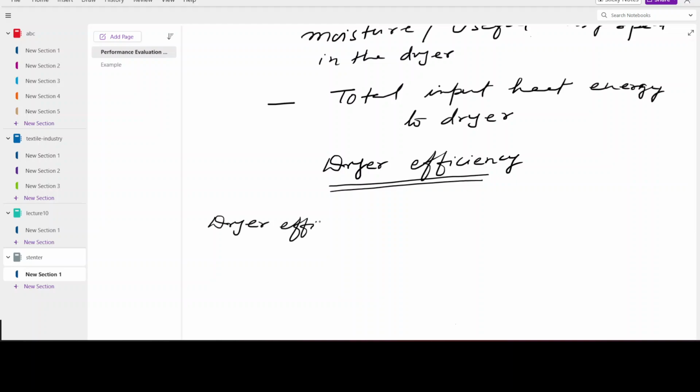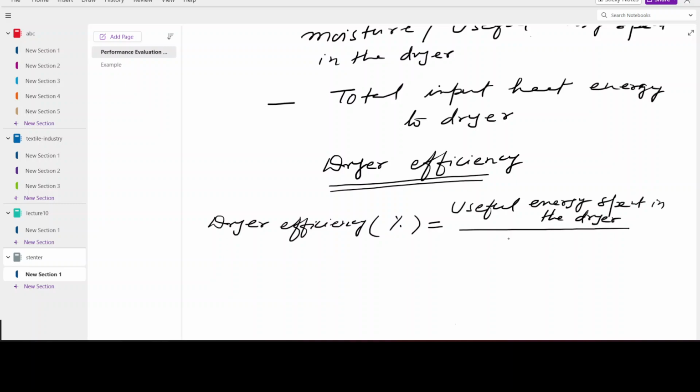Dryer efficiency, percentage term, is equal to useful energy spent in the dryer divided by total input heat energy, and we will multiply it by 100 because we are finding percentage.